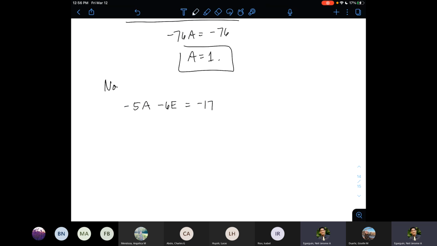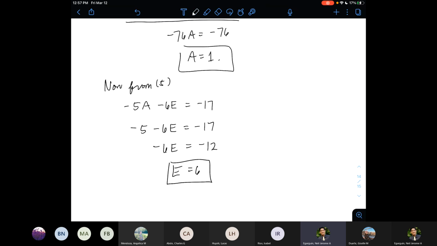Now from equation 5, I can use A equals 1, so I'll have -5 minus 6E equals -17. Minus 6E is equal to -12, and then E is equal to 2. And we're down to the last one. What's the last remaining unknown variable?